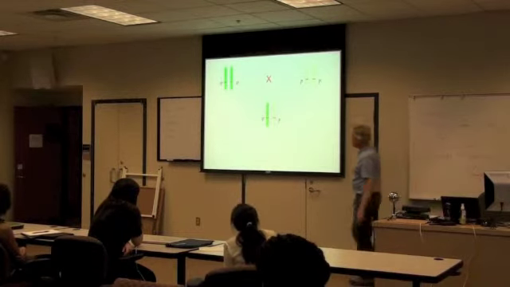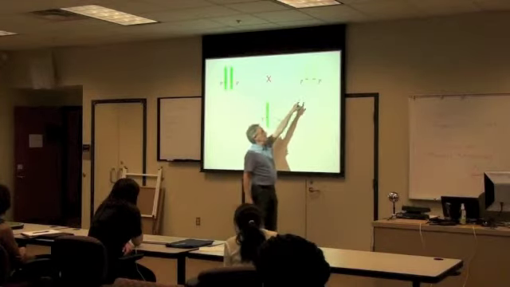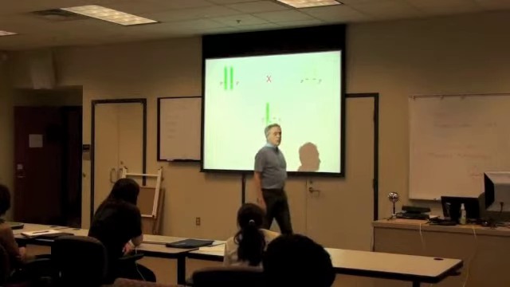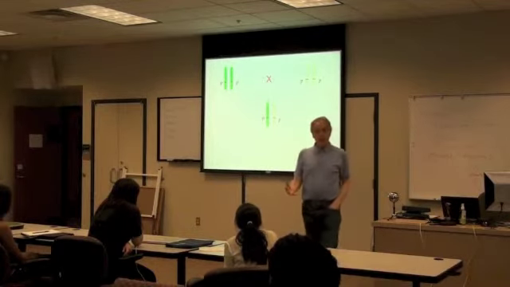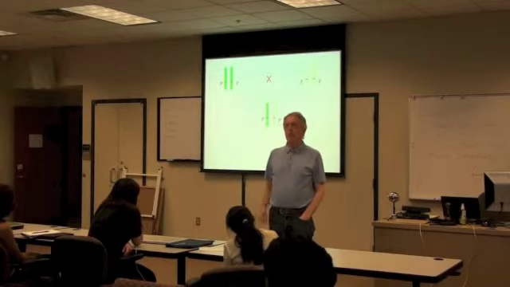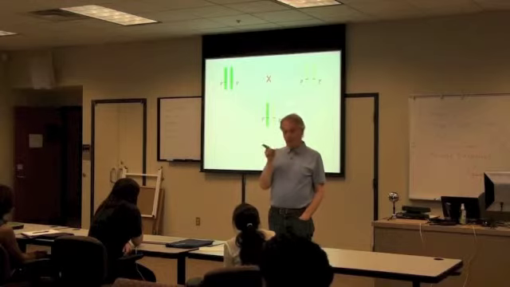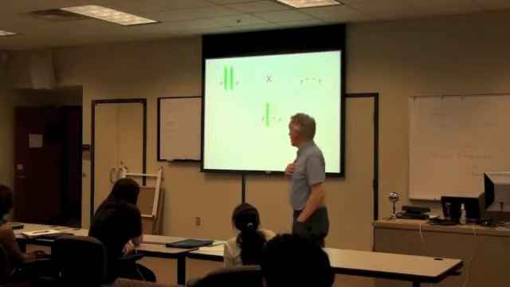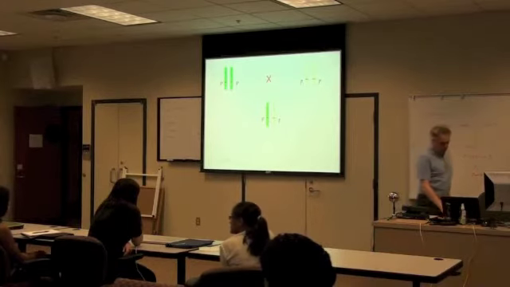We're going to cross this times this, and all the children will be that. All right? They're heterozygous for this gene. We call them carriers. Why do we call them carriers? Because they still have the gene, but it's just unexpressed. That's right. And it can come out again in the next generation. All right? So that's easy. We don't have to do anything.